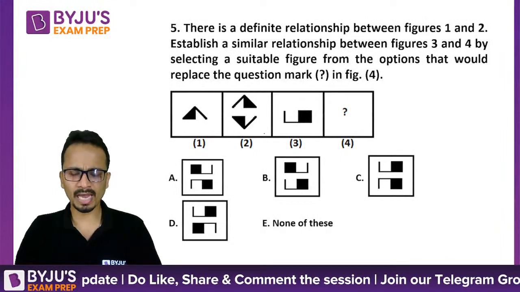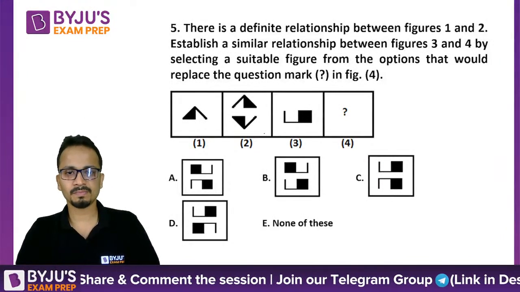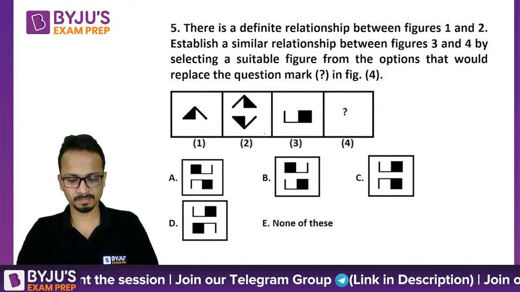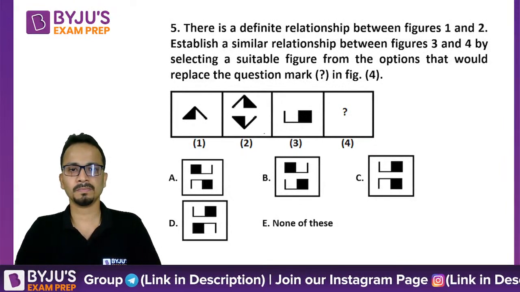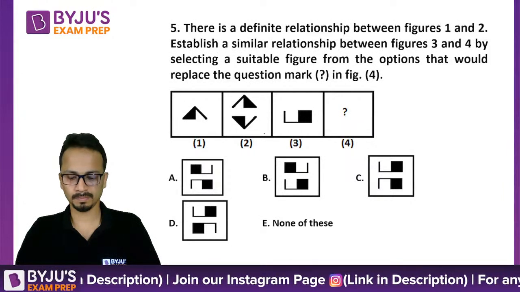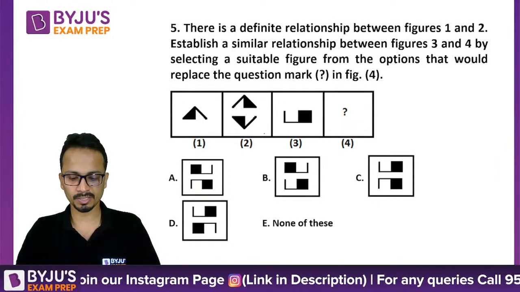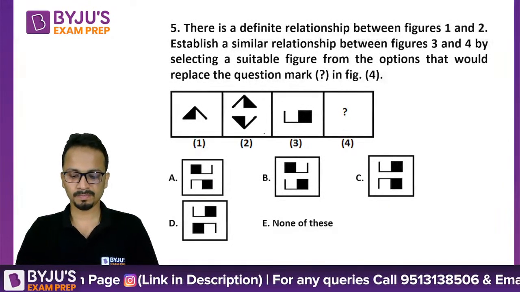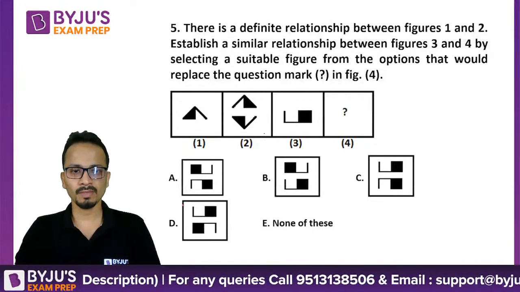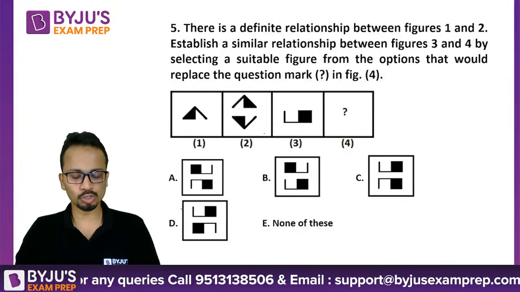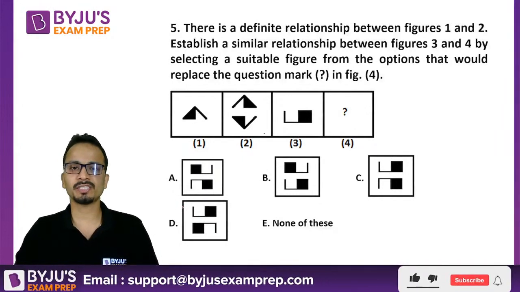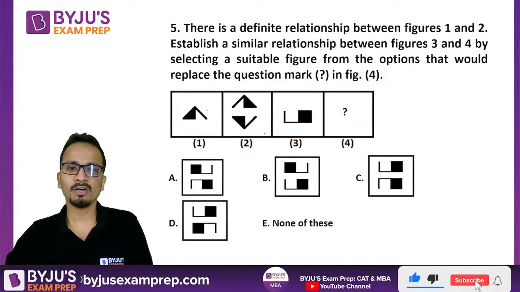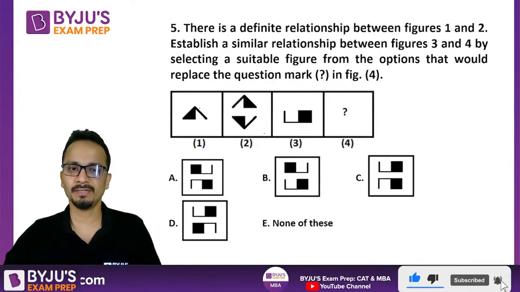Let's see how many of you can give a correct answer to this one. All right, great. So again, most of you are saying that answer is option A. Let's check this out. So let's understand what logic is being applied.